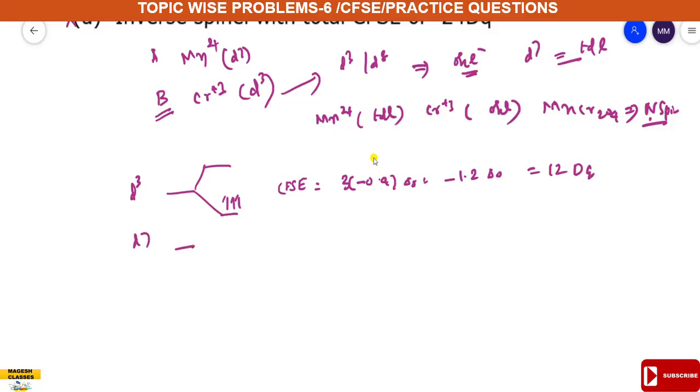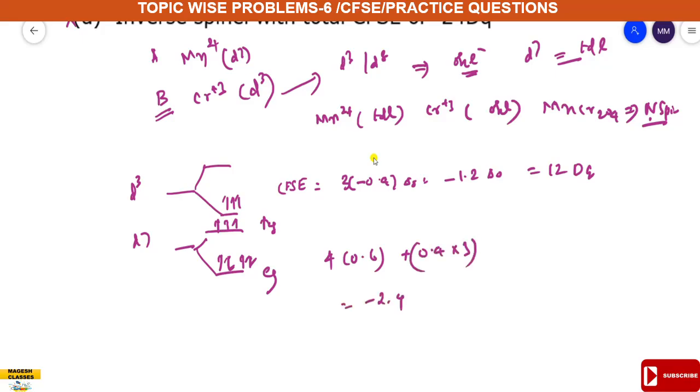D7 is in tetrahedral splitting, so this is e and this is t2. So 4 electrons in the e and here 3 electrons. So the value is 4 into 0.6 minus, plus 0.4 into 3. So it is minus 2.4 plus 1.2.